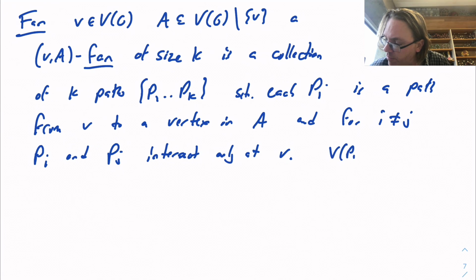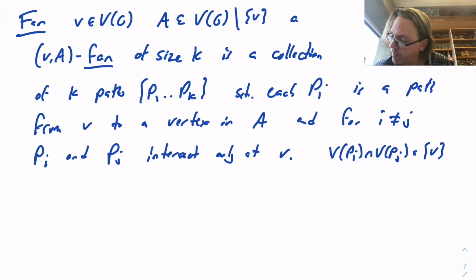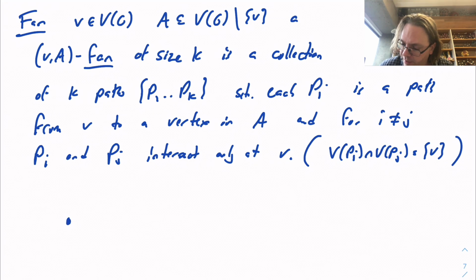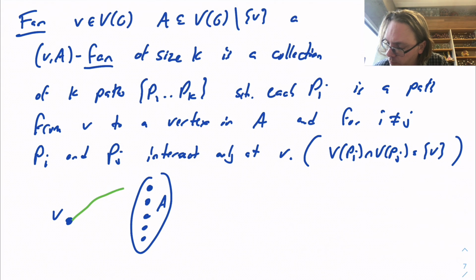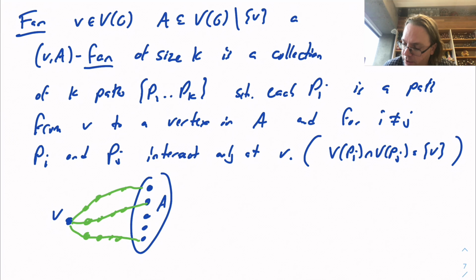I mean, V of pi intersect V of pj equals the singleton V. Anyway, so the picture here is just this. Here's V, here's my set A. So what I've drawn in green here would be a V,A fan of size 3.